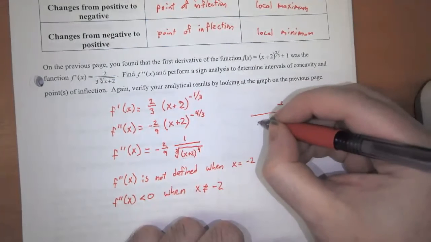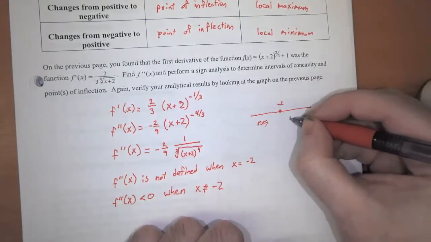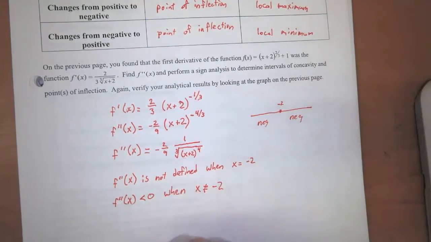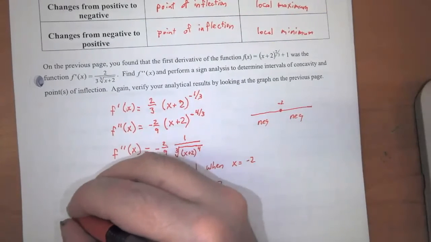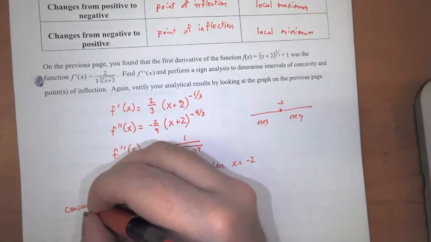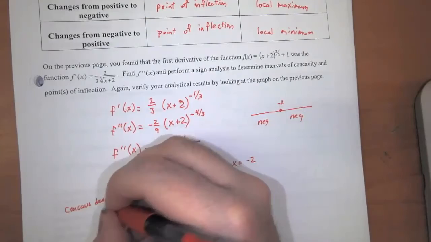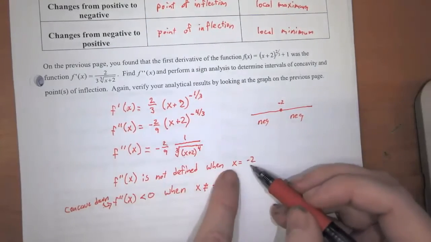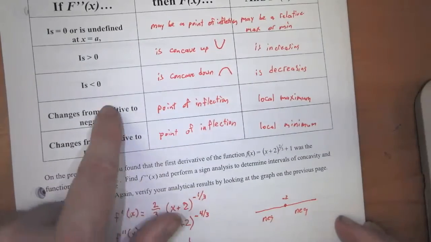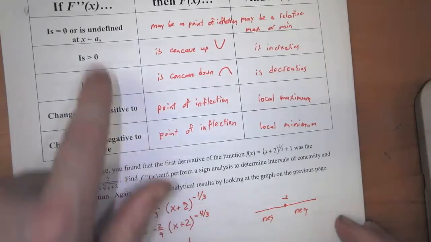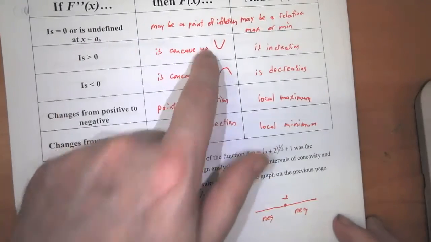And over here, it's negative. And over here, it's also negative. Okay, so negative second derivatives mean concave down functions. And at x equals -2, it's not going to be a point of inflection because it's not changing sign from positive to negative. It's just being undefined.